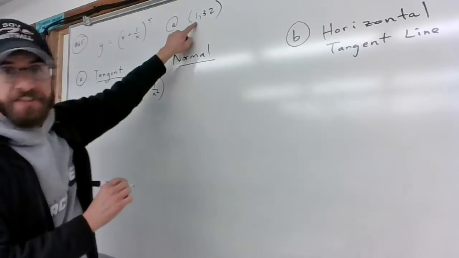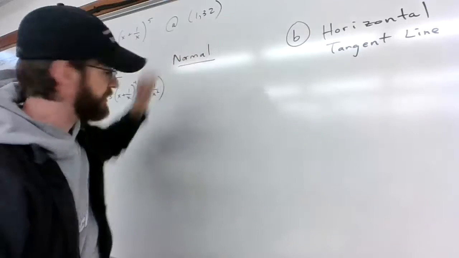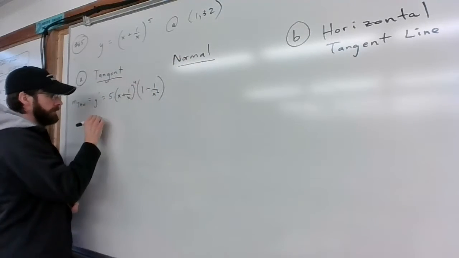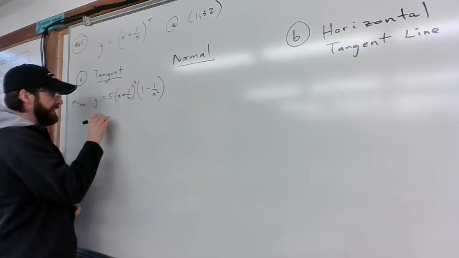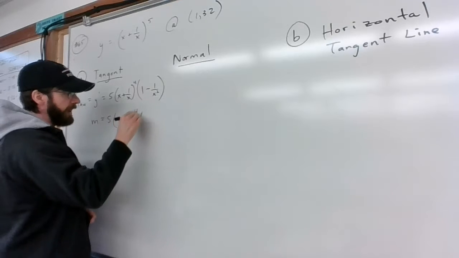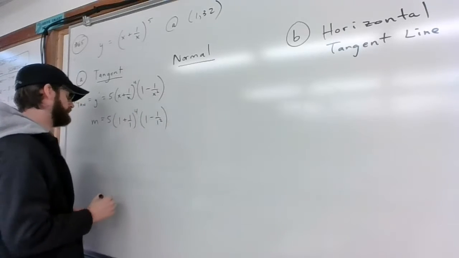And we're plugging in the 1 for the x, because that's the point at which we're trying to find the tangent line's equation. So plug in 1 here. Slope equals 5 times 1 plus 1 over 1 to the 4th power times 1 minus 1 over 1 squared.